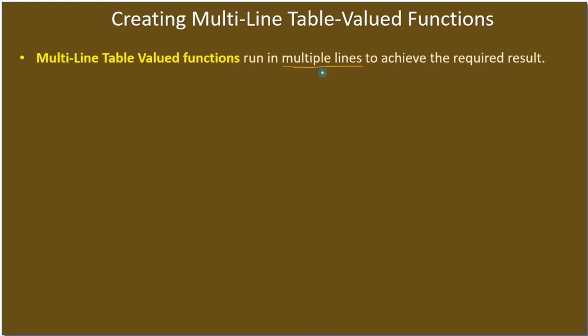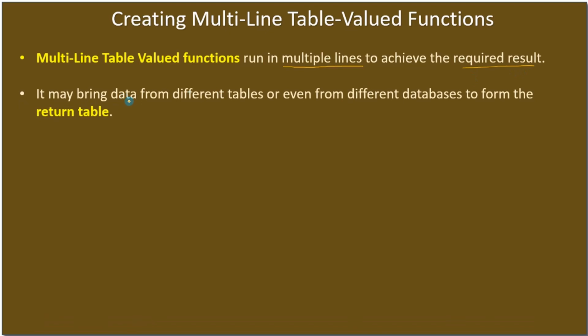Right here, our multi-line table valued function will run in multiple lines to achieve the required result. We cannot make it inline because it requires some business logic, so we will go with multiple lines to achieve the required result.